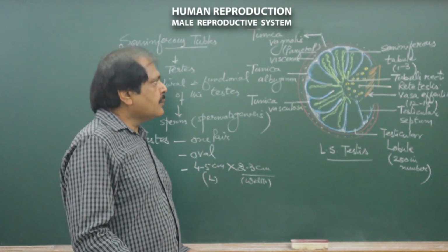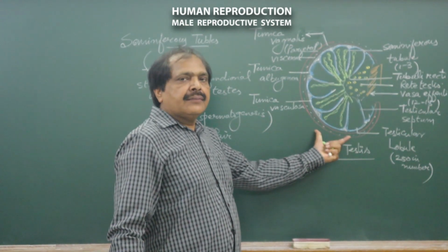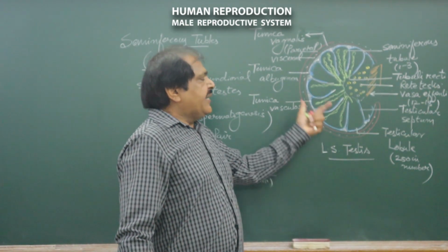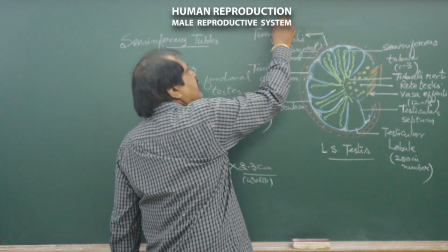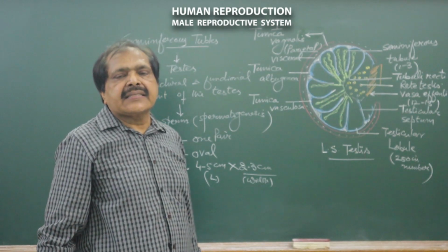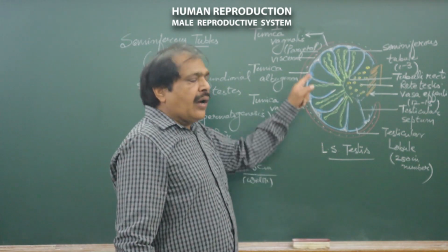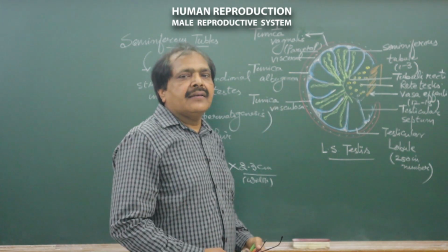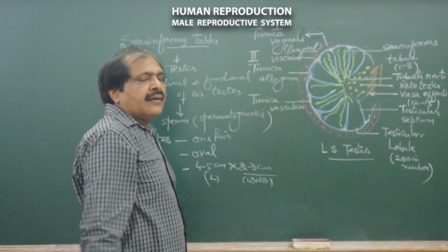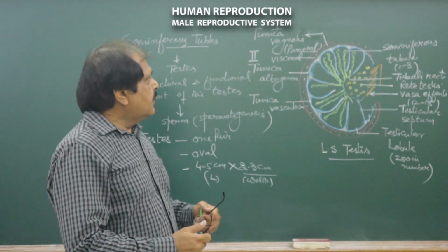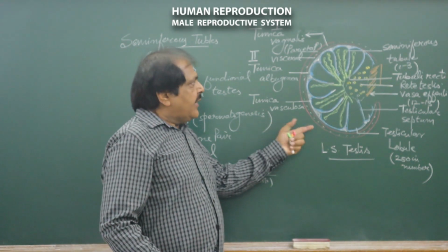Again, each testis is an oval structure. It is covered over by 3 layers. The outer one is tunica vaginalis. It is made up of outer parietal and inner visceral. And the second layer is tunica albuginea. And the third is tunica vasculosa.